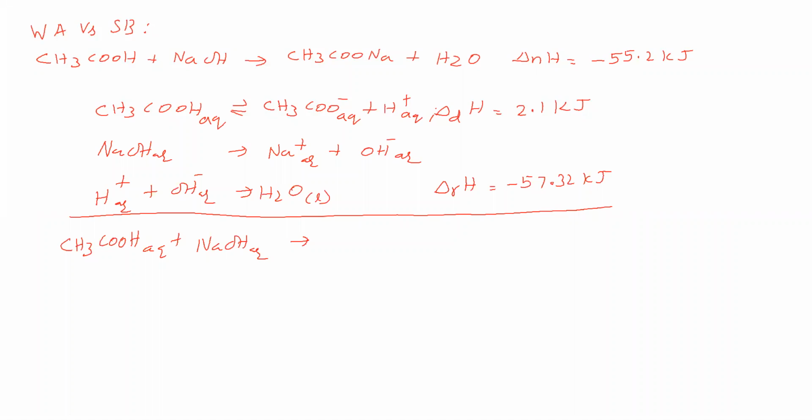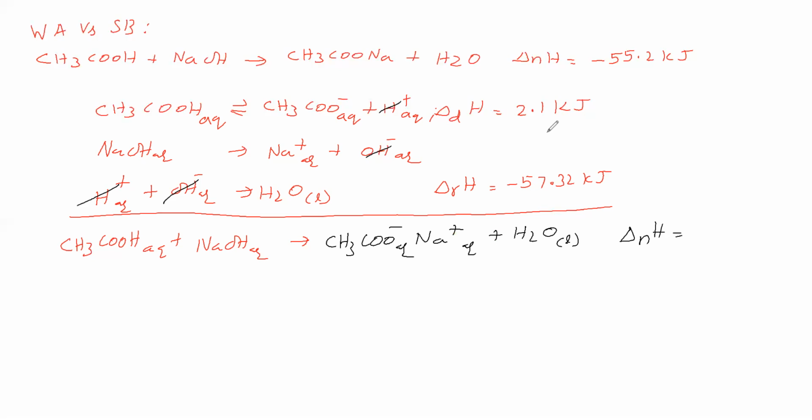Then the H plus and H plus cancel, and the OH minus cancels. What remains is sodium acetate and water. Okay, we got an acid base neutralization reaction. For this reaction, the enthalpy of reaction is the sum of these two.